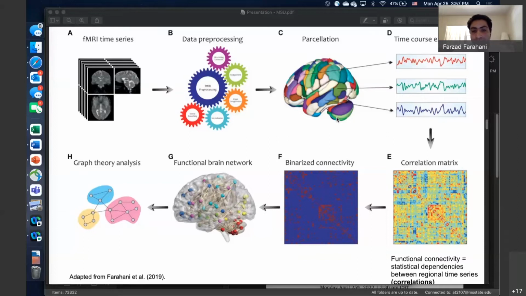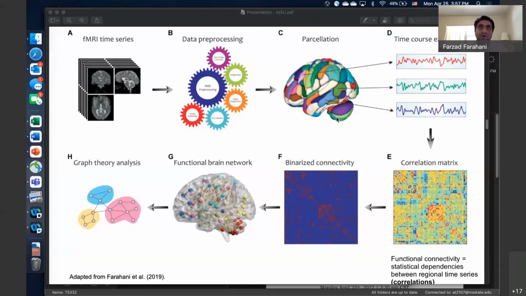The next step is optional, but people usually do it to make the data less complicated and keep the most important information from the brain: binarize the correlation matrix by setting a threshold. For example, we consider only correlations higher than the threshold, the strongest connections or links in the brain.